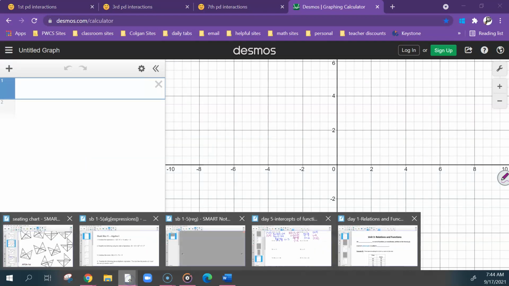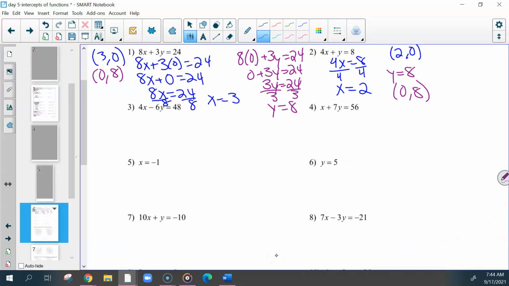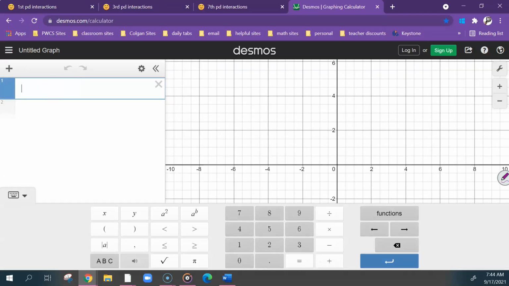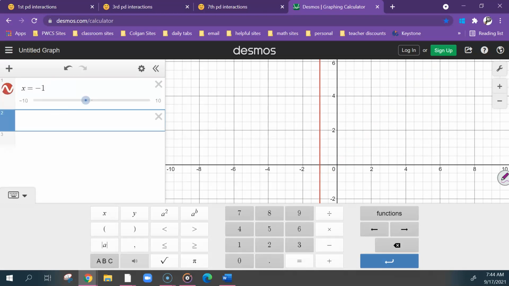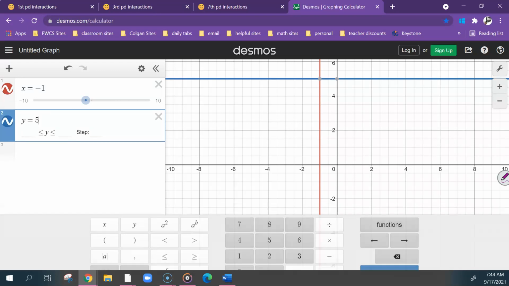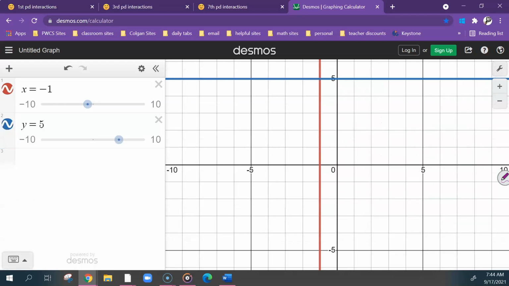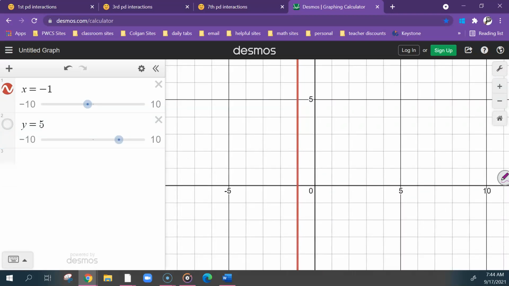One said x equals -1, y equals 1. We'll do one at a time.